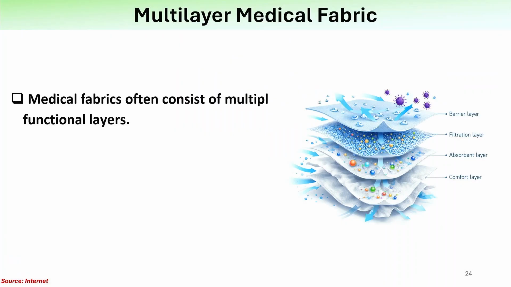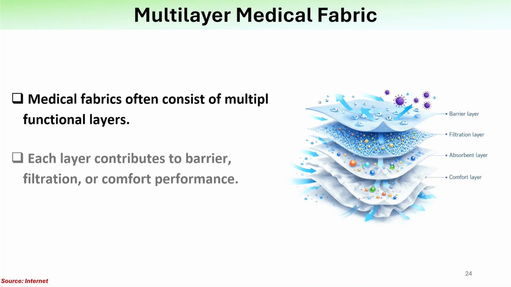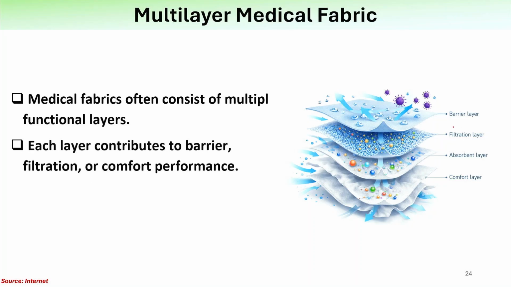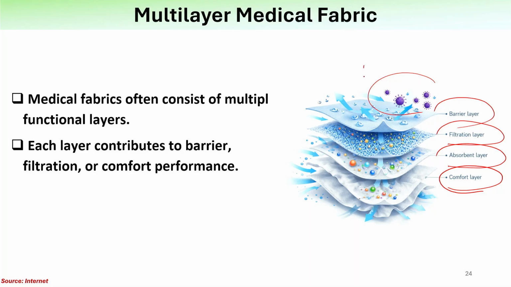So, multilayer medical fabrics often consist of different layers. The outer layer is the barrier layer, then the filtration layer, absorbent layer and then the comfort layer. This outer barrier layer prevents any outer liquid like water from penetrating, and it even prevents bacteria and larger particles.